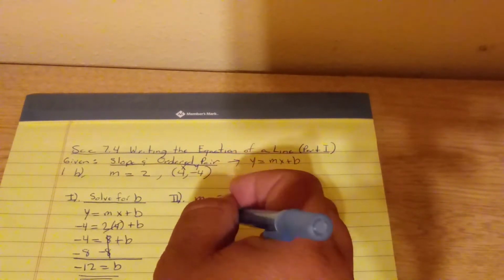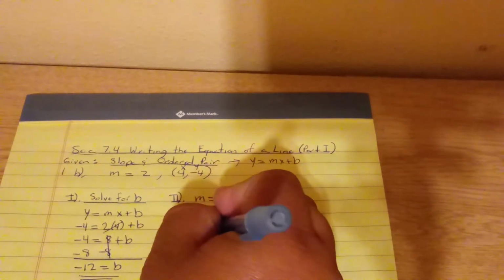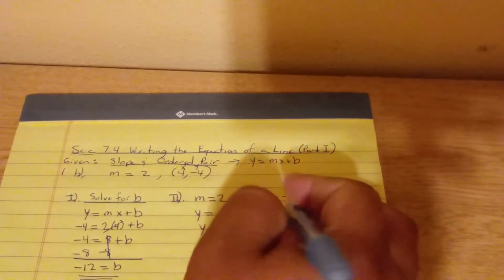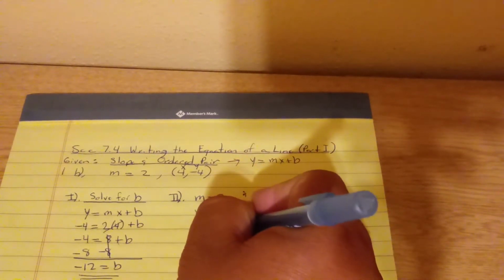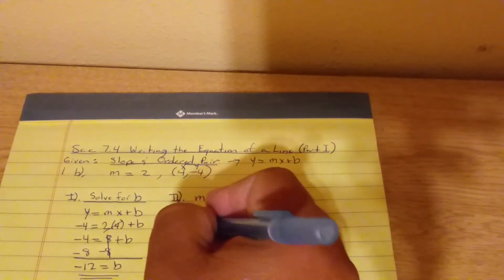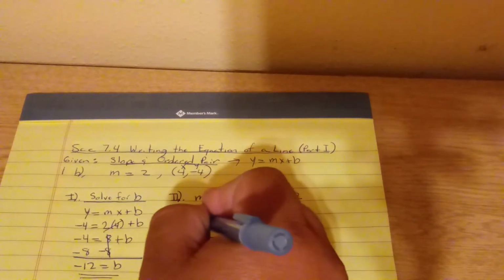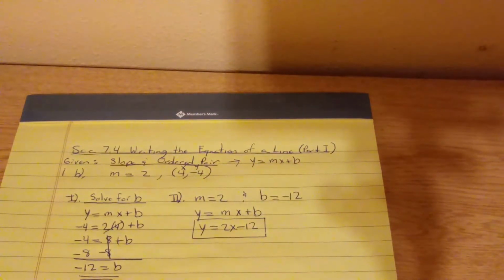So we substitute the 2 in there, so this will be 2x. And our b was -12. And that is your equation for that slope and that ordered pair: y = 2x - 12. And that's it. That's all you have to do on these.